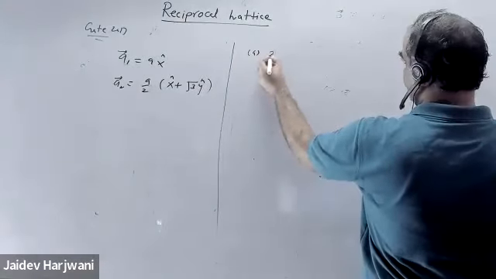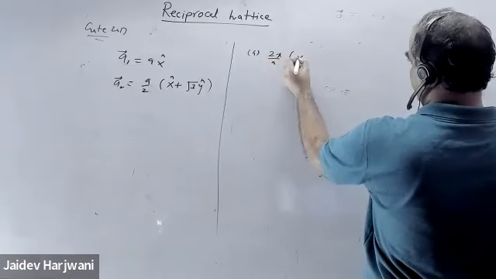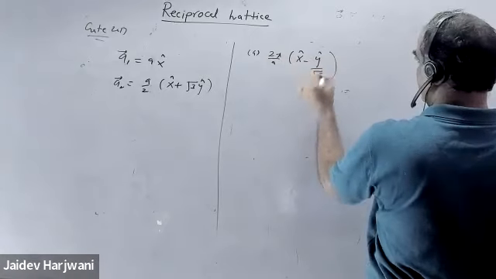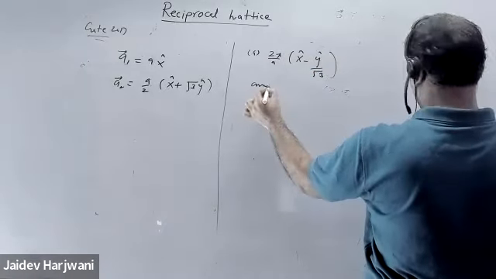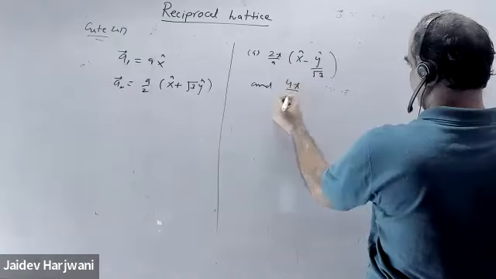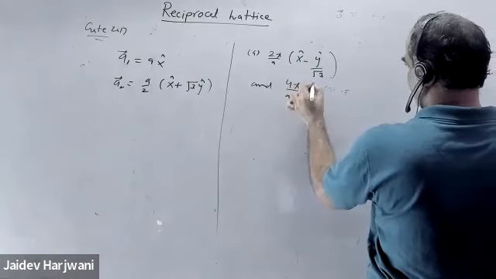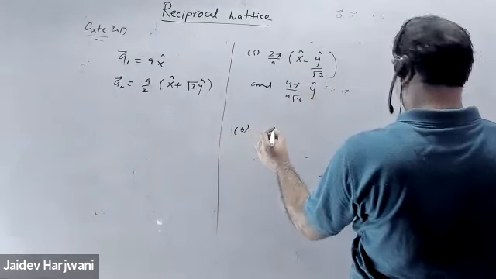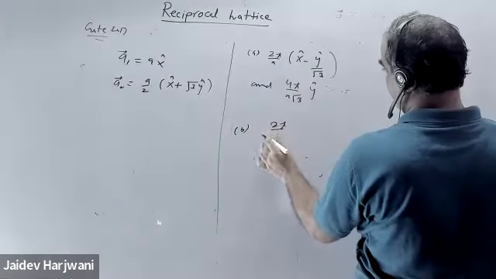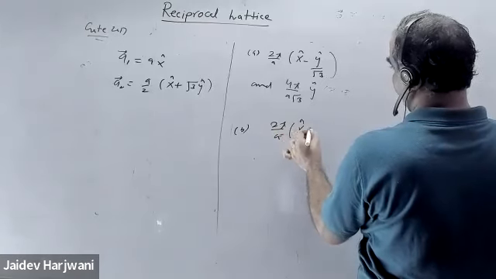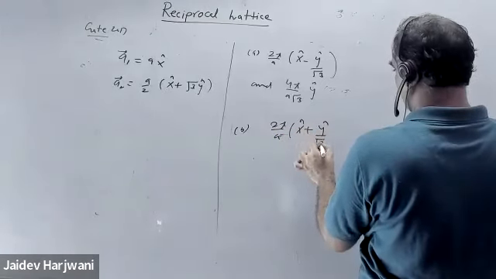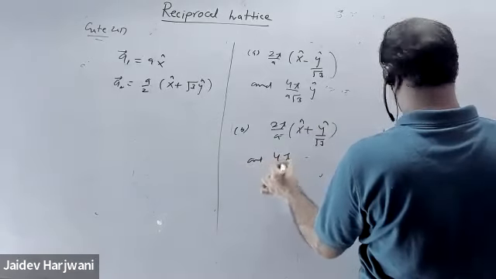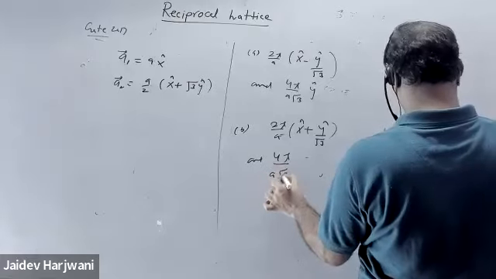Option A is 2 pi by a x cap y cap √3, and 4 pi a upon √3 y cap, and option B is 2 pi a x cap plus y cap √3, and 4 pi by a √3 y cap.